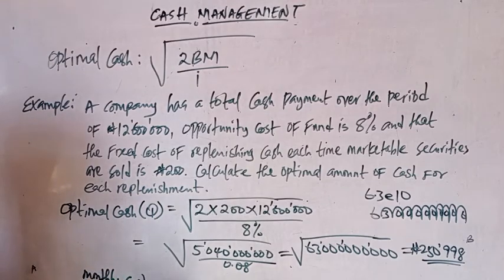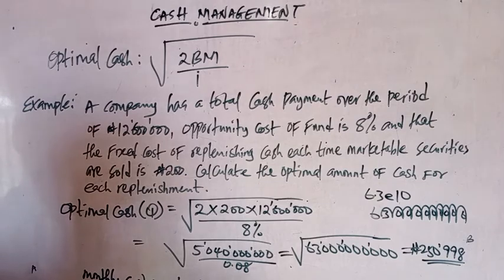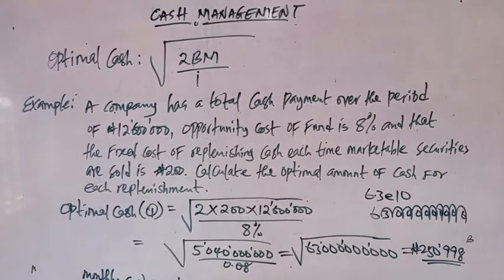Monthly cash will now be equal to 12.6, because 12.6 is the yearly cash payment, divided by 12. Let's see.